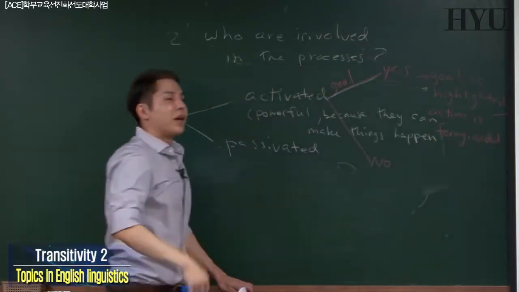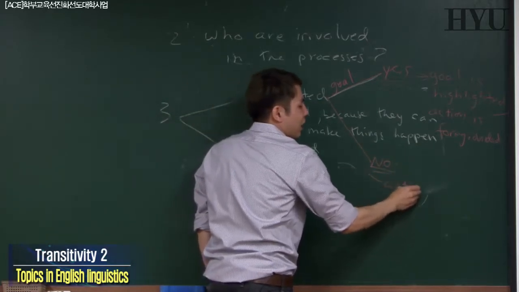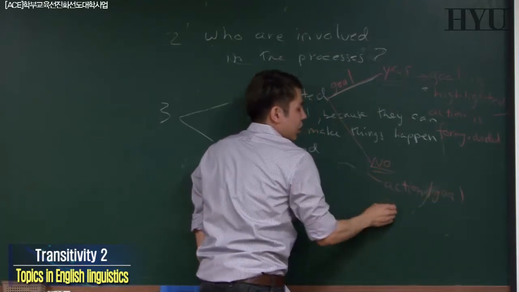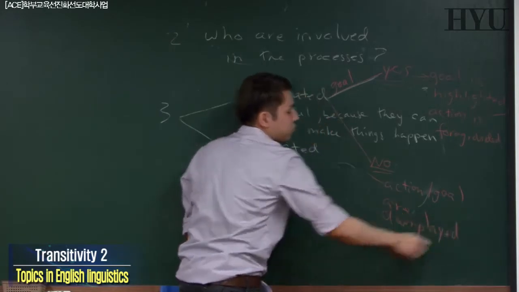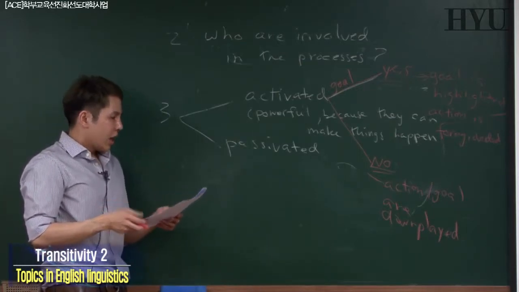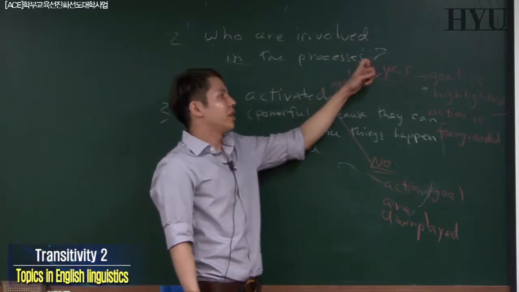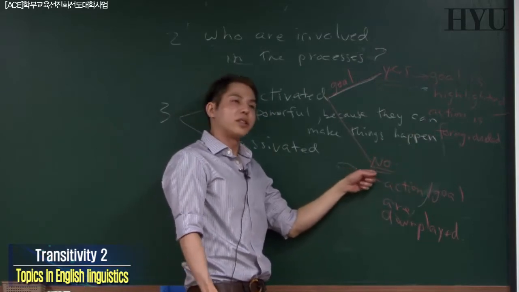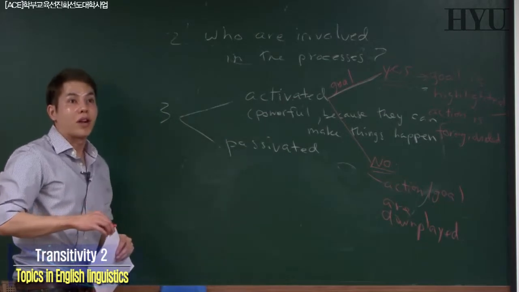But if there's no goal, it means that the action and the goal are downplayed, meaning not highlighted. So just ask these questions: is there a goal or not? If there is, then the goal is highlighted and the action is foregrounded. Whereas if there's no goal, both the action and the goal are downplayed or backgrounded, right?